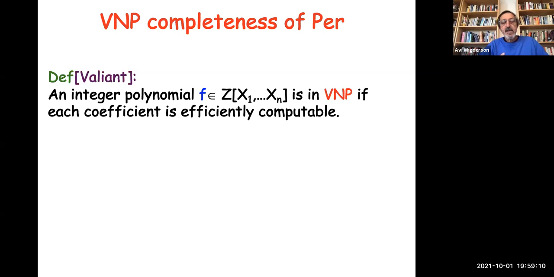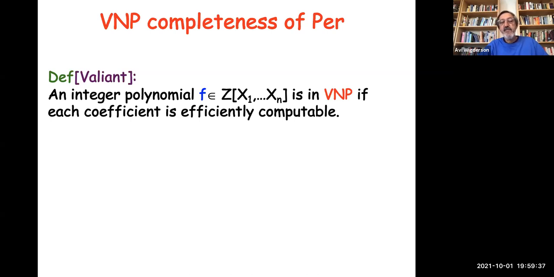So it's sort of analogous, if you think about it, to NP, where you just want to verify the different witnesses to an NP problem. Here the witnesses are defined by the monomials, and you want to know what the coefficient is.